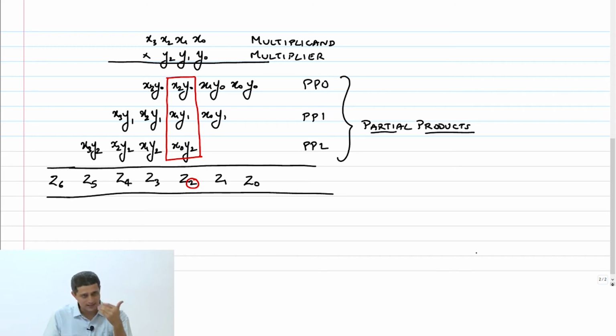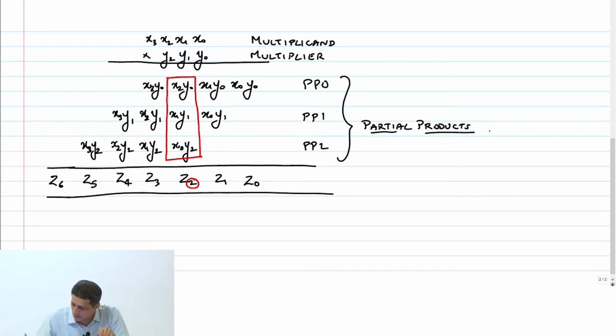If x is m bits and y is n bits, how many partial products will I have? n, basically as many as there are bits in y, as many as there are bits in the multiplier.